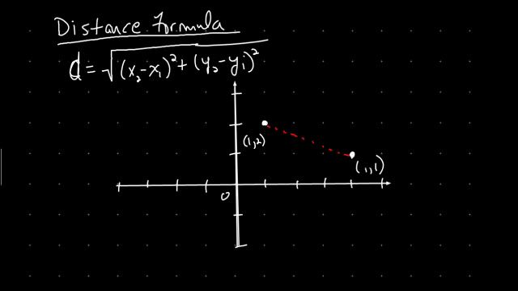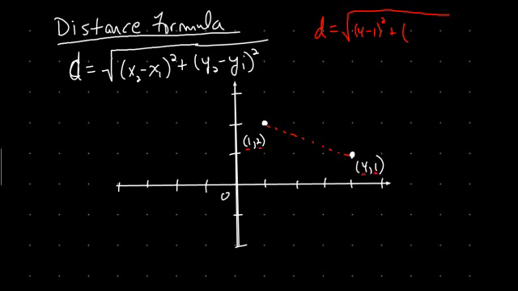So we get the distance formula, d equals, so the difference in my x coordinates, my first coordinates. So x2, 4 minus 1, squared, plus the difference in my y coordinates, the second coordinates.